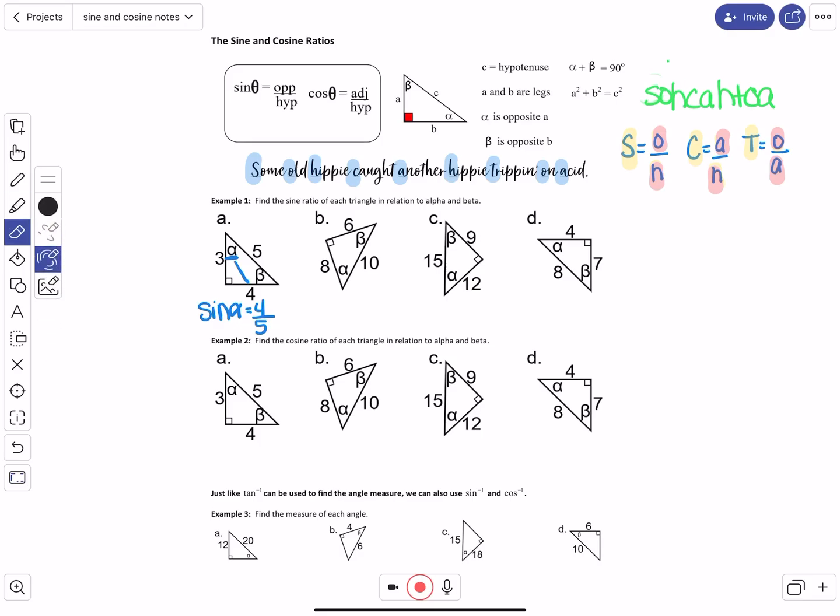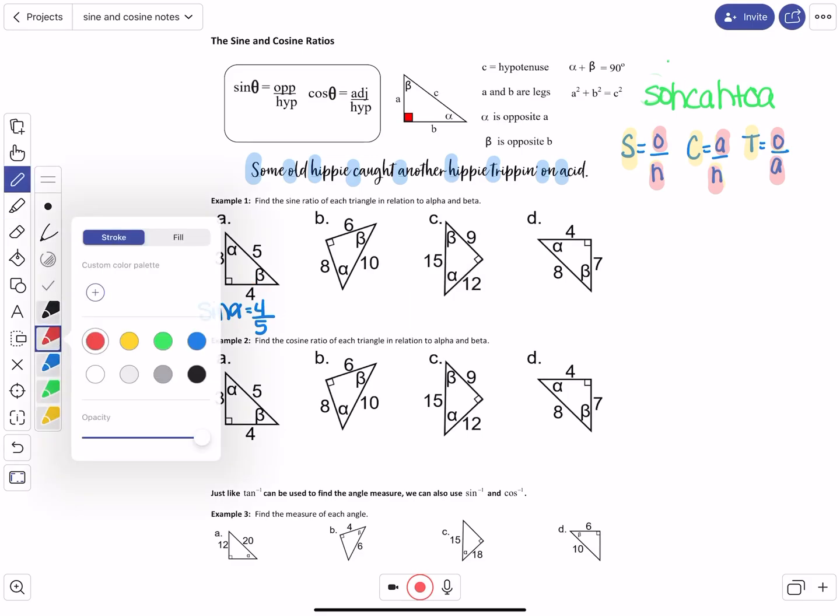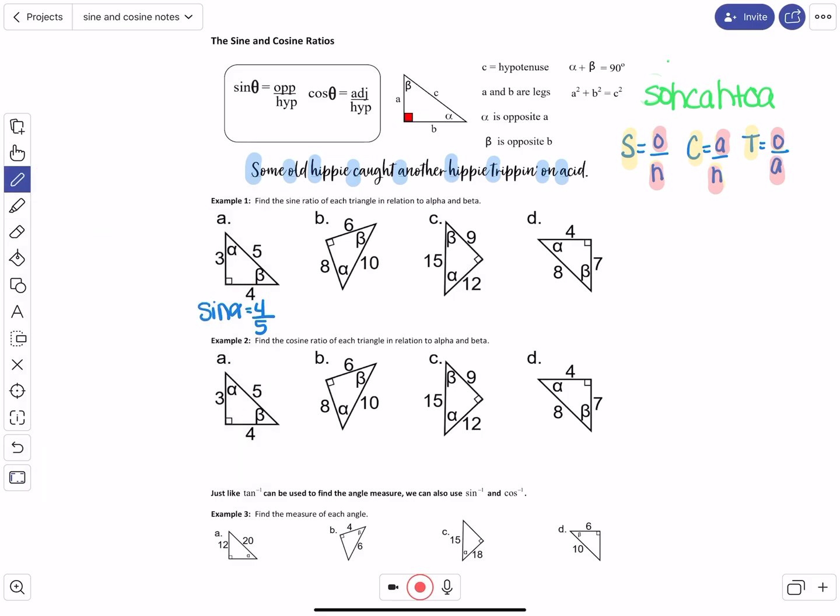Then if we do cosine, oh, sorry, not cosine. I meant to do beta. I'm getting ahead of myself. Sine of beta, opposite is going to be 3 over 5.